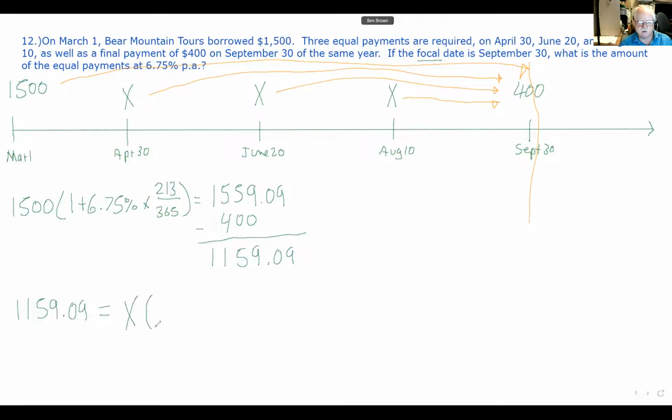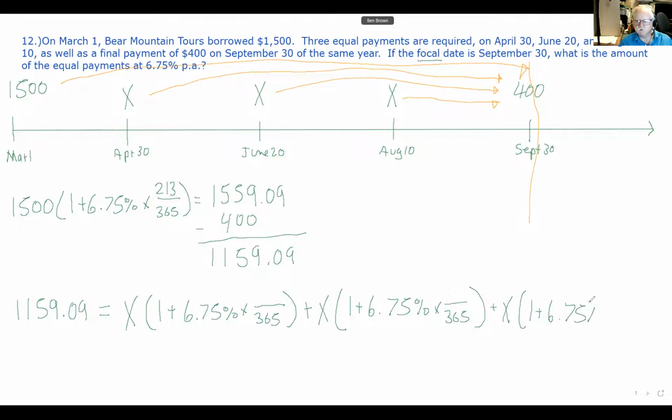So this is X times 1 plus 6.75% times a certain number of days over 365 plus X times 1 plus 6.75%, but we don't know the days yet. 365 plus X outside of 1 plus 6.75% times something over 365.